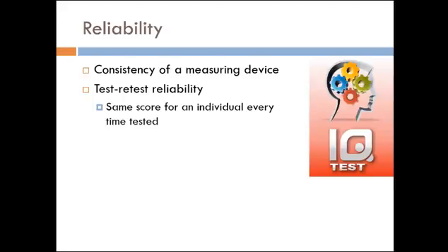IQ tests produce the same basic score for an individual, whether that individual took the test when they were 2 or 22 or 82. Your score will be reasonably close. It's not exactly the same. There's a little bit of variability, but basically the same score every time you take that test. It's highly reliable.